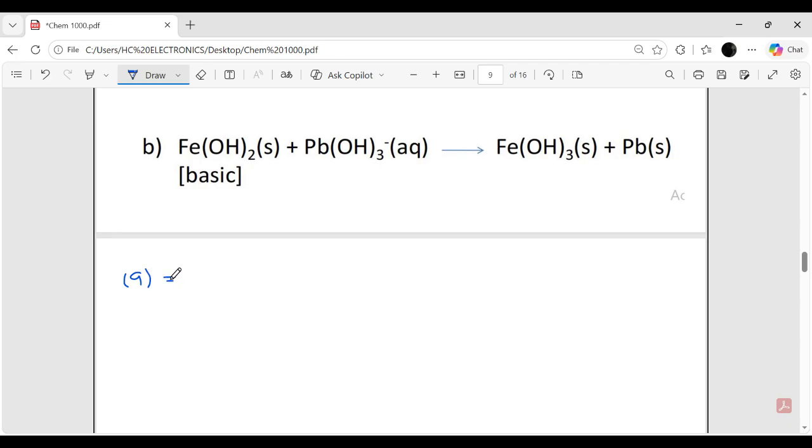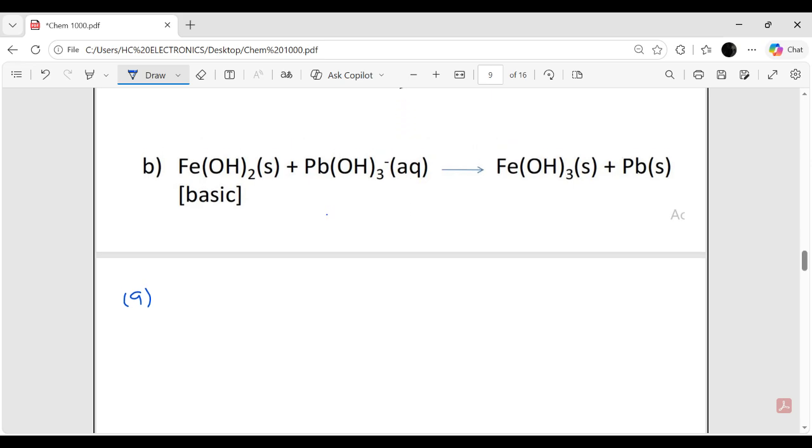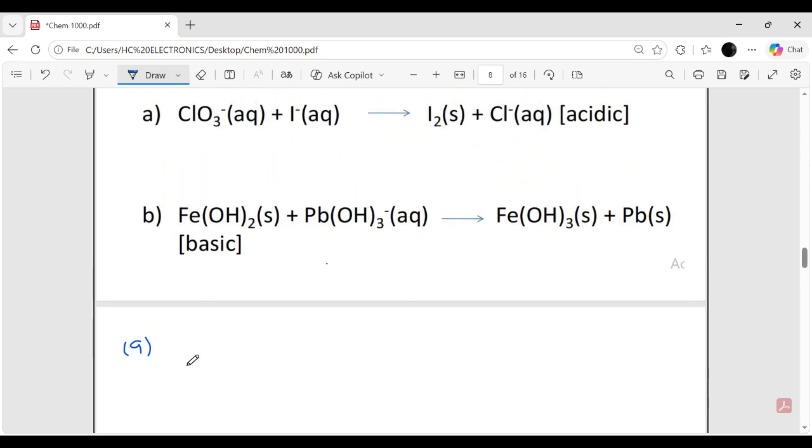So for A, it is minus aqueous, okay, plus iodine, which is negative, also in aqueous.